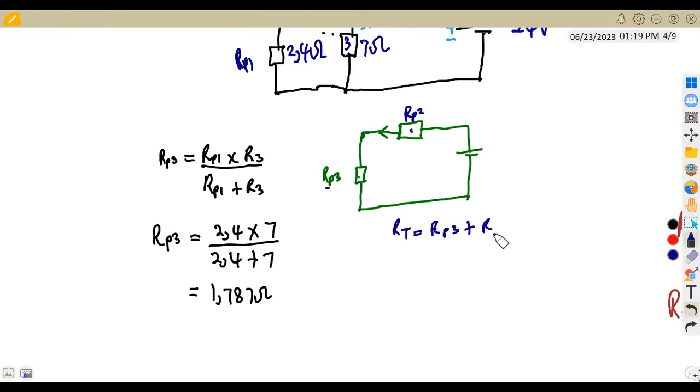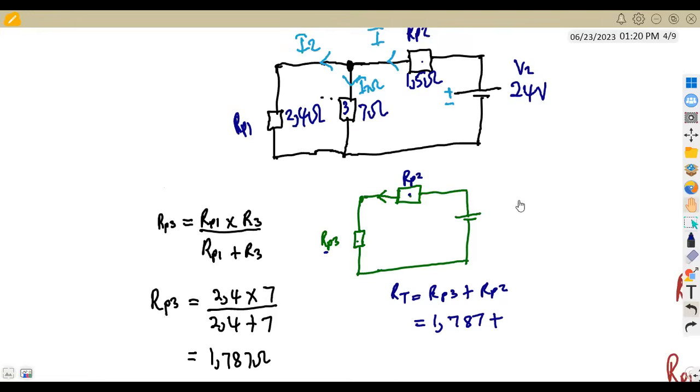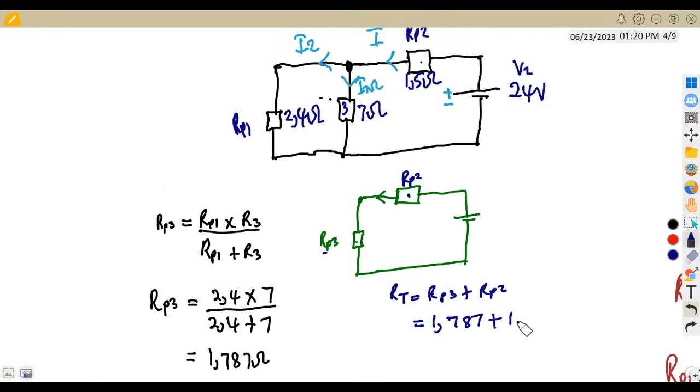So that is RP2. So if we add, this is 1,787 plus RP2, the one that we got before, that was 1,5. So we have got 1,5. All right, so let us add and see what we are going to have.